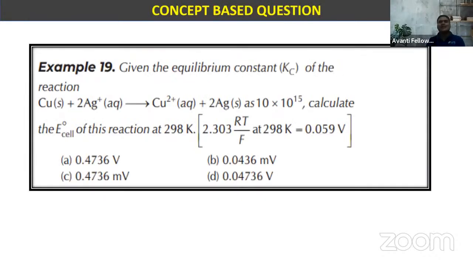Can anyone calculate the value of N in this question? What is the value of N? That is the number of electrons transferred per mole. Yeah, I got one response, A. Okay, beta, let me check. Can anyone tell me what is the value of N in this question?